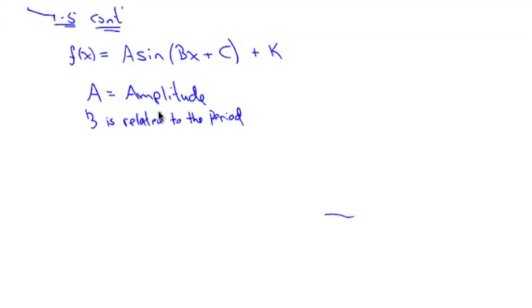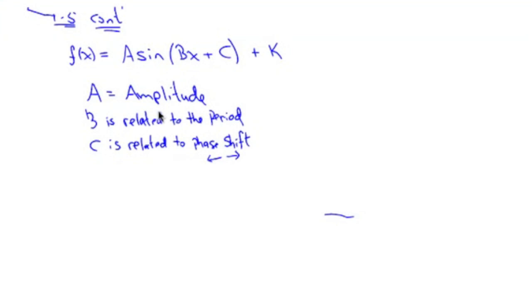And C is related to a left-right translation. For trigonometry, they call it a little bit different. It's called a phase shift. But basically, it's a translation to the left or to the right.